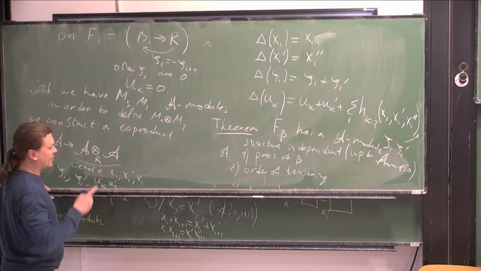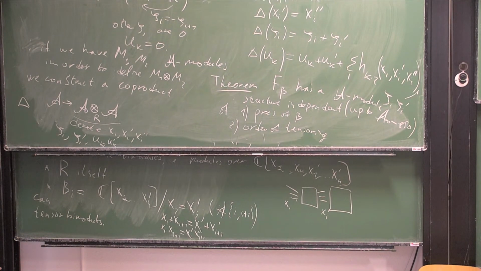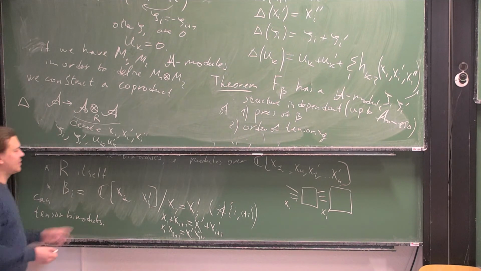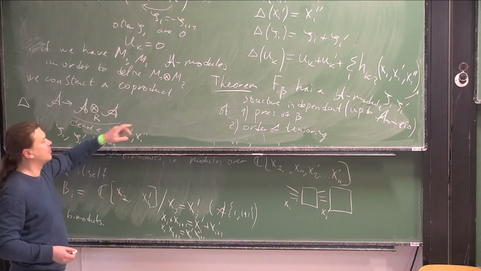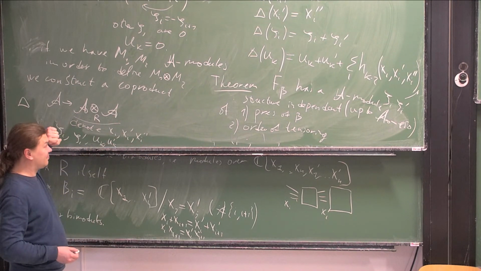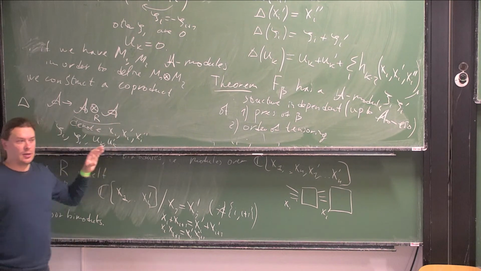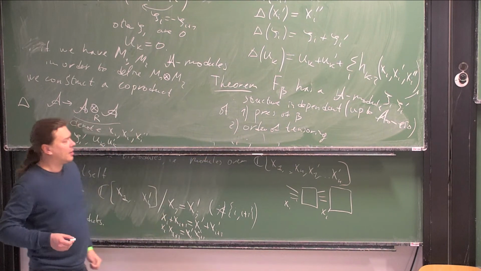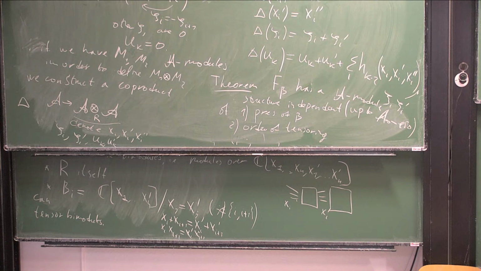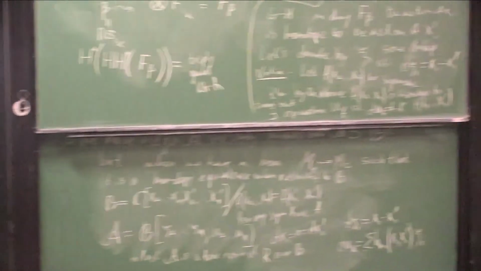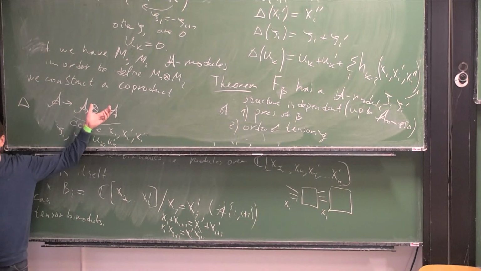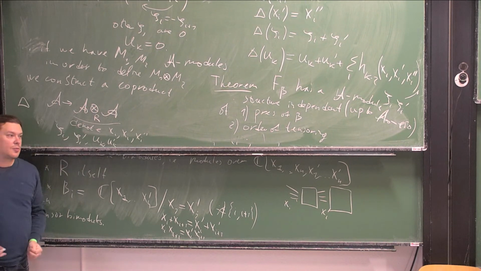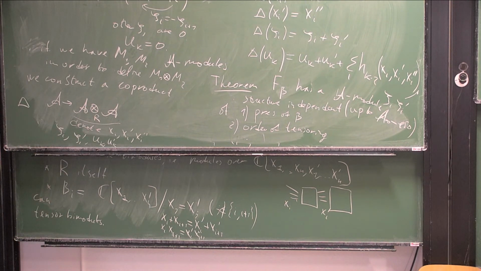Okay. So once you have these things, the theorem, there is one tricky point in proving the theorem. For instance, proving that the coproduct is co-associative, which is important for the second part. That is some tricky thing. You want to prove that when you apply this twice, you get two different maps to the triple tensor product. So there are some issues.